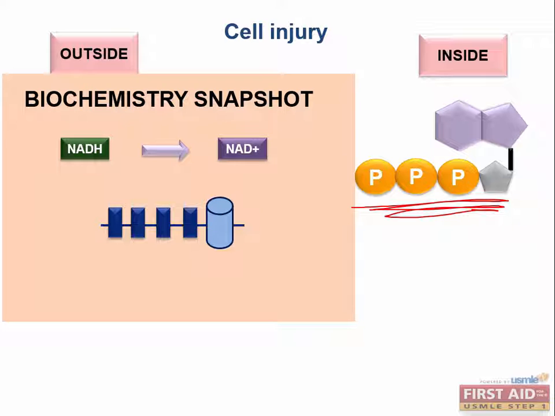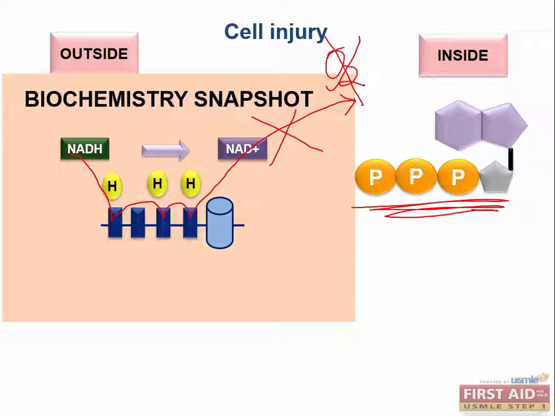So, no oxygen. Remember, there's nothing to accept electrons now. Oh no. So if these electrons from NADH can no longer flow through the complexes and be accepted by oxygen, then there will be stasis of electrons.